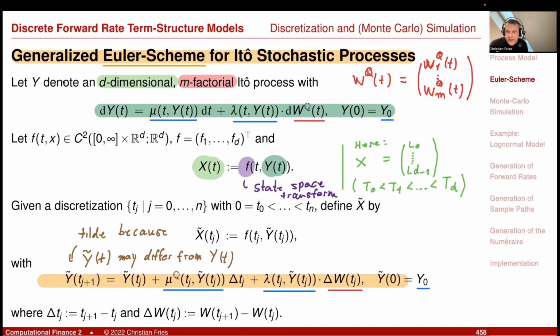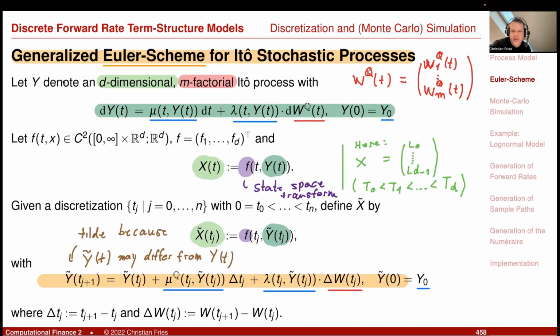So when we have our time discrete approximation, so now I have my y tilde at tj, then I use my transformation, my state space transform, df, to obtain the time discrete stochastic process x tilde of tj.